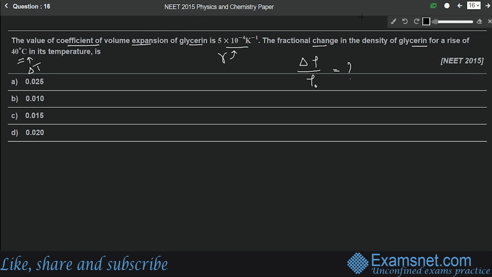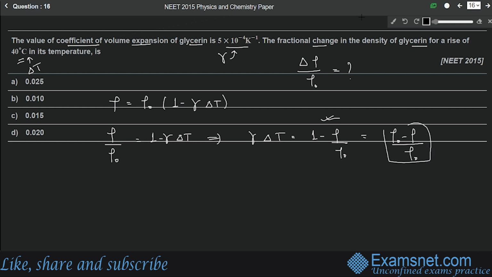For that we should know the formula: rho equals rho naught into (1 minus gamma delta T). So rho upon rho naught is equal to 1 minus gamma delta T. So gamma delta T equals 1 minus rho upon rho naught, which on solving gives rho naught minus rho upon rho naught.